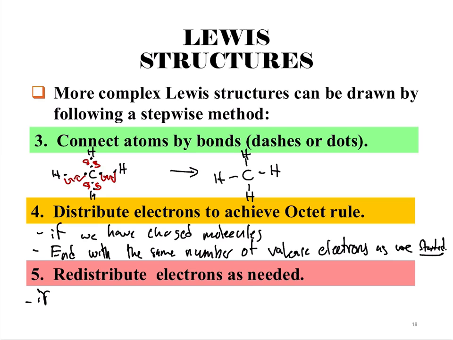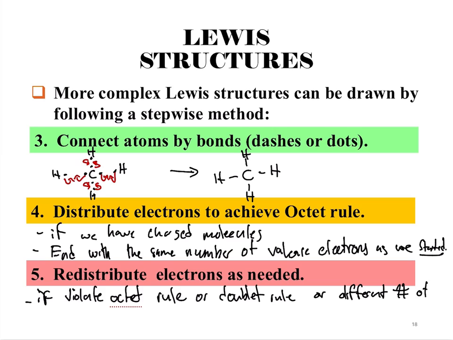So if we violate the octet rule, or for hydrogen, the doublet, or we have a different number of electrons than we started with, then we need to redistribute the electrons.